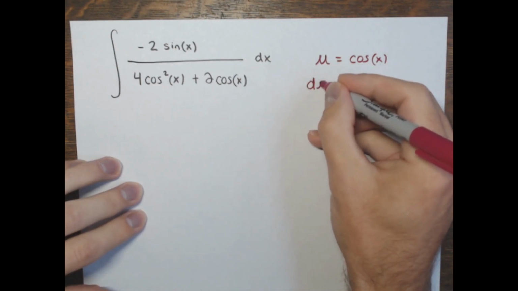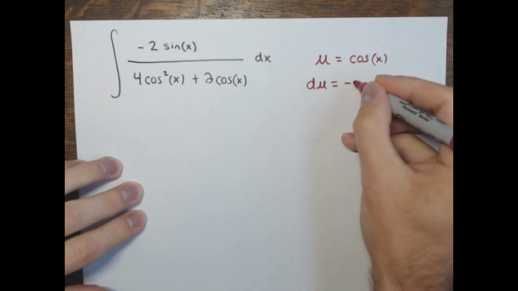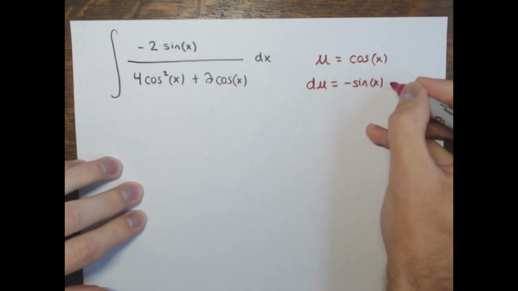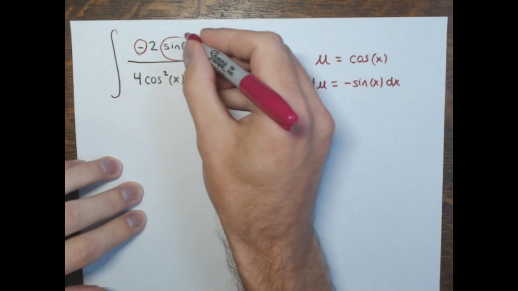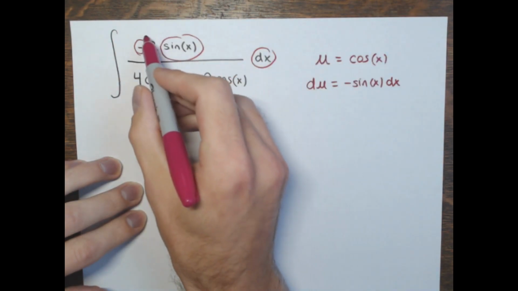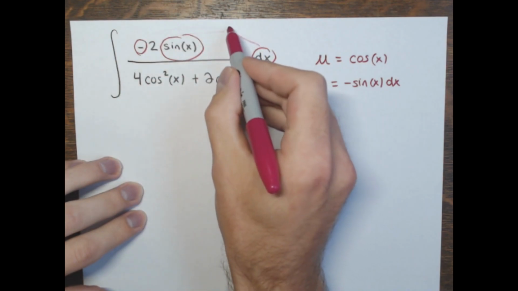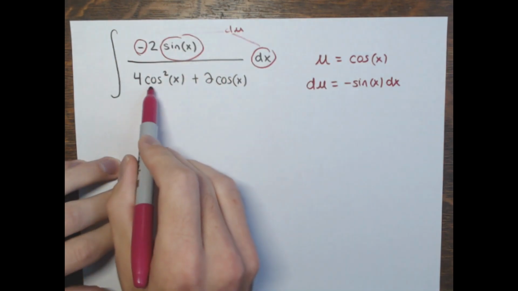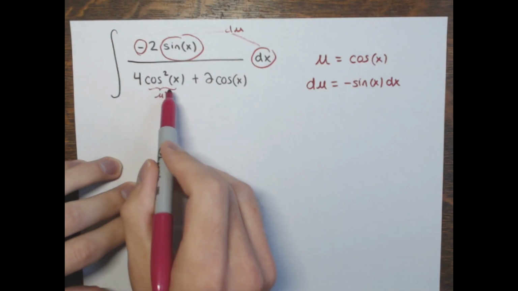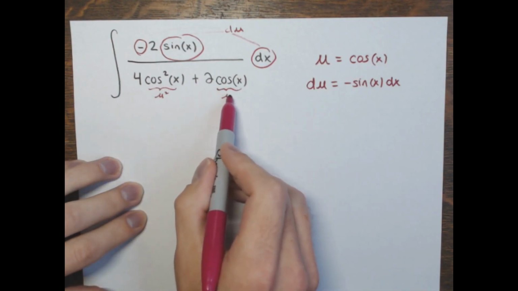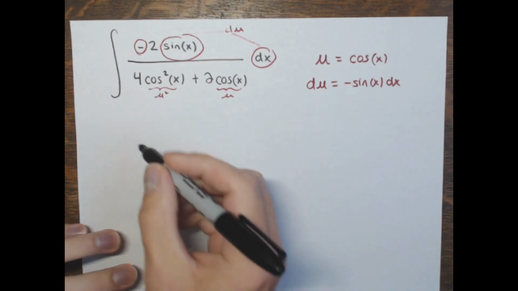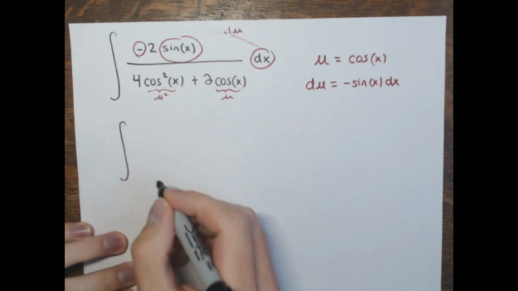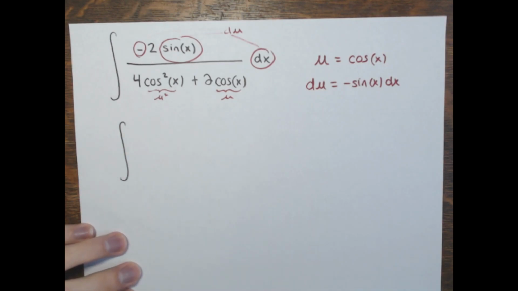And then du would be negative sine of x times dx. And I'm seeing that up here, negative sine of x times dx. All those together make du. And then there's a u here, that'll become u squared. And there's a cosine here, that'll become u. So when I'm done making this substitution, we'll now have a rational function, a polynomial over a polynomial, but in this new variable called u.